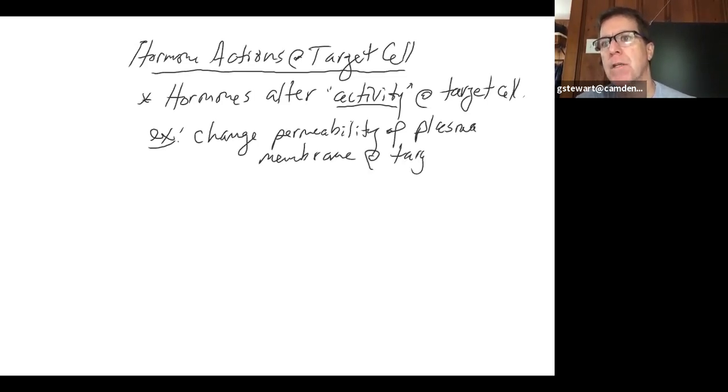So once they reach the target cell, they sometimes alter the permeability of that target cell's membrane to allow some things to come in, or perhaps preventing some things to come in, whatever that may be.